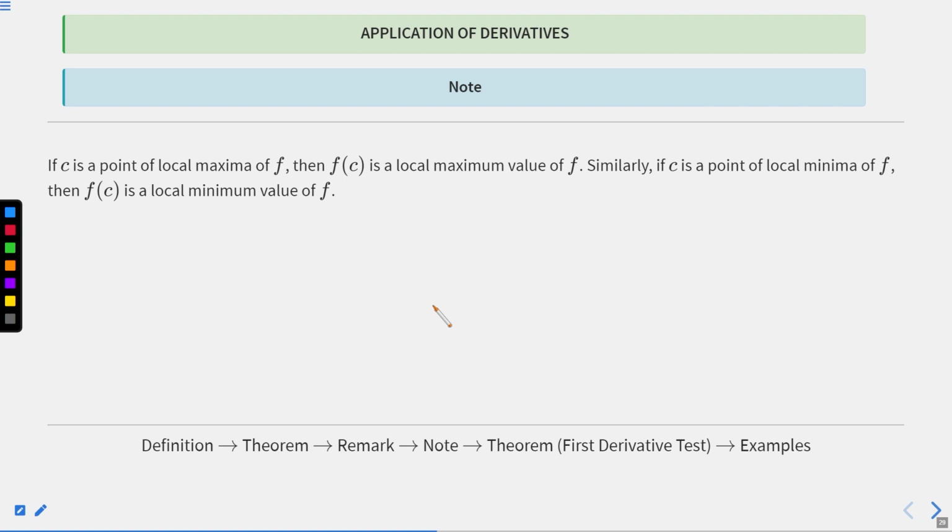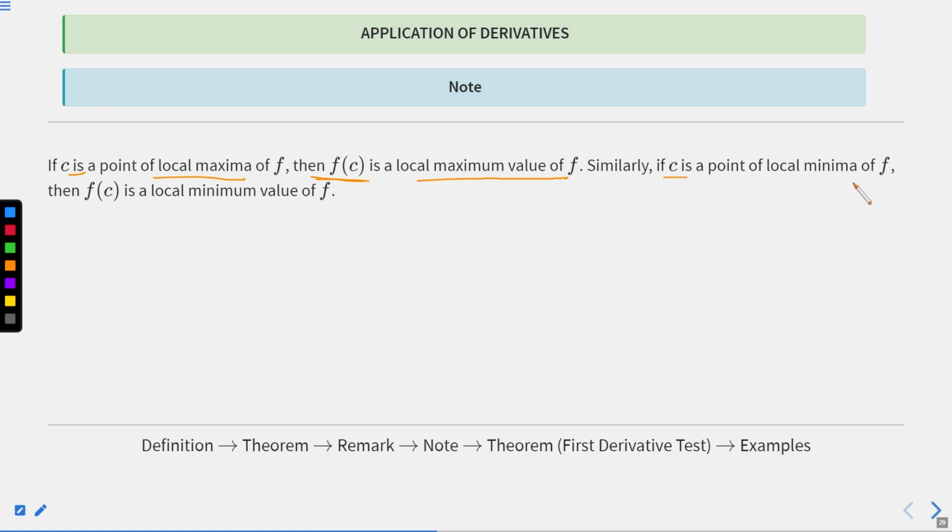Note: if C is a point of local maxima of f, then f of C is a local maximum value of f.